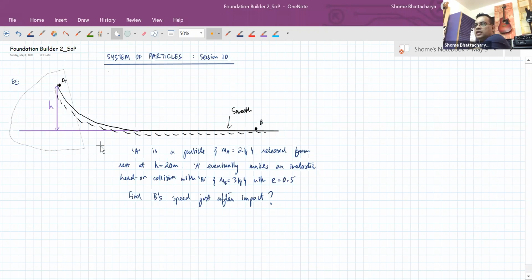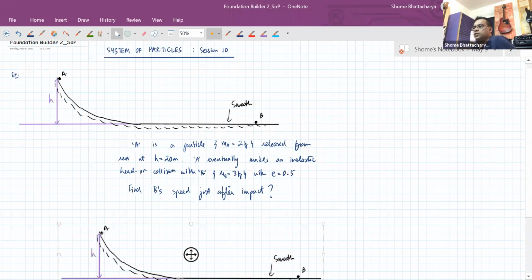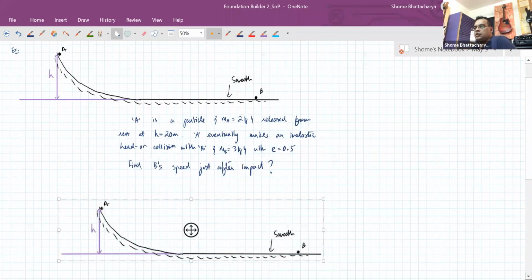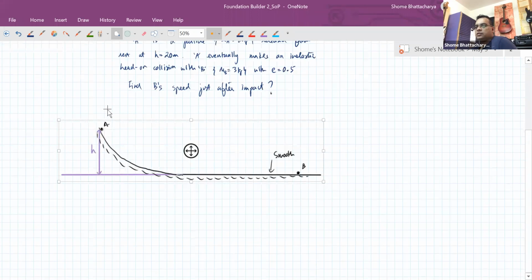Okay, so far I've got the answer from one person. So anyhow, let's understand what's happening here. By the time the particle is here, if it has a speed u, let's say, so u is equal to root 2gh.